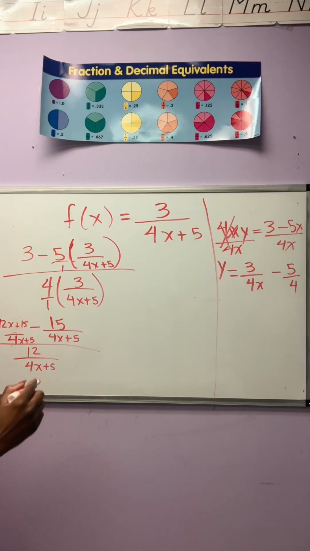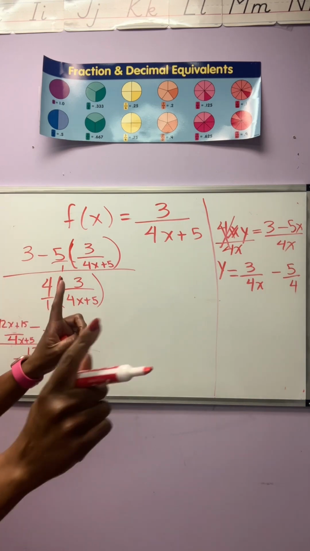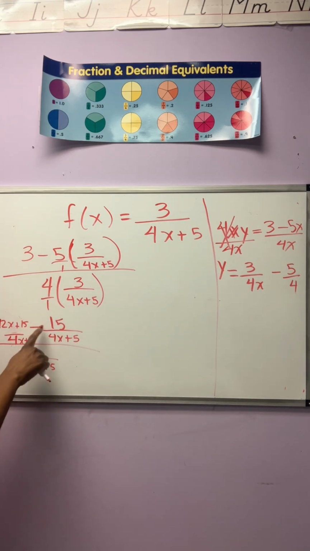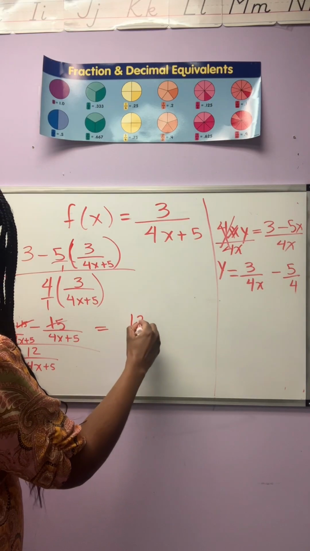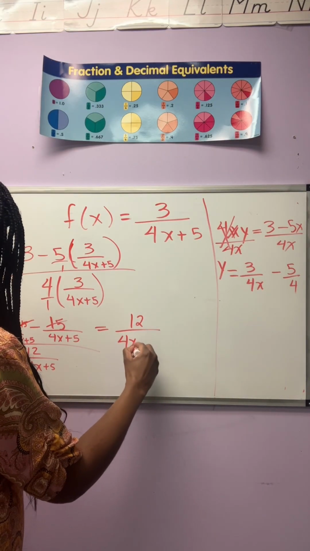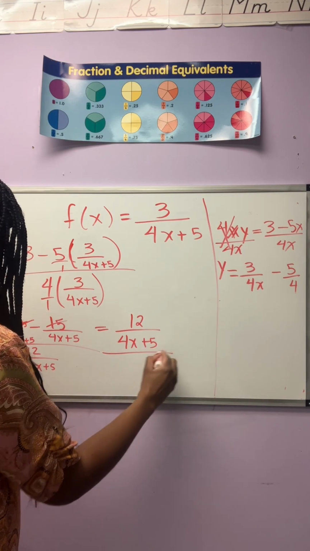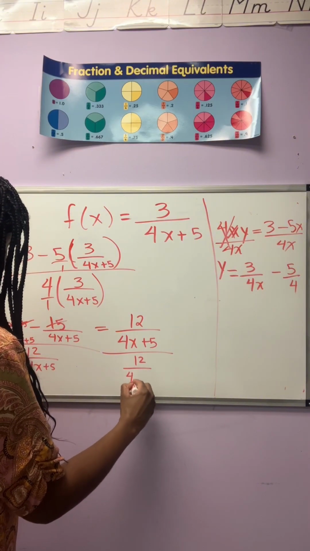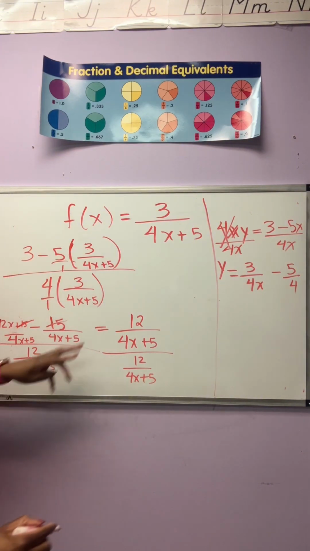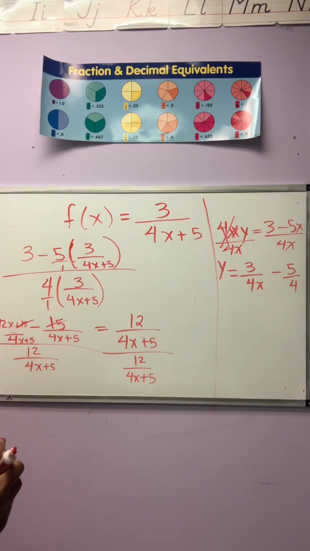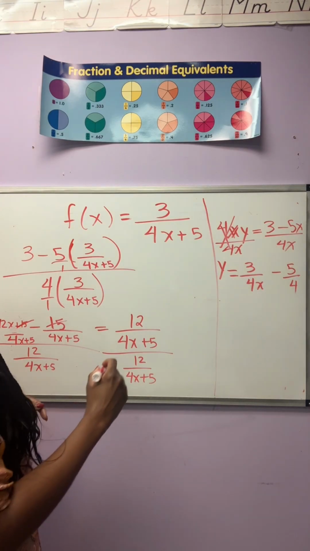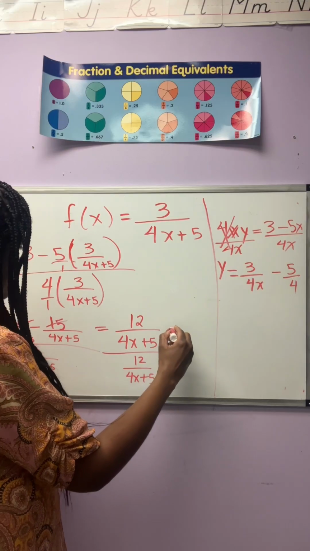Now I can see in my numerators, I can combine like terms. 15 minus 15, that will cancel out. So I have 12 over 4x plus 5 on the top, and then on the bottom, I have 12 over 4x plus 5. First, for starters, we can see our numerator and denominator are the same, so that gives us a 1.